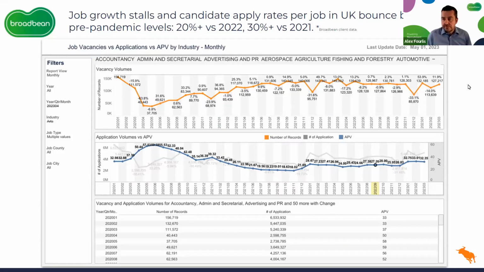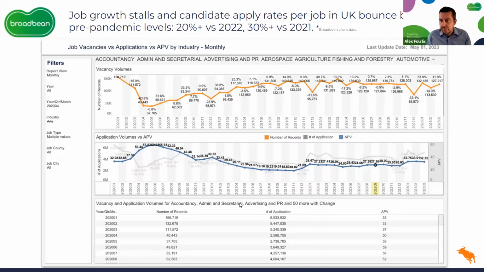And we've seen that, immediately after the pandemic, we had a huge increase of people looking for jobs. Then we had the crash of the Great Reset, as we called it, with companies finding it really difficult to find candidates. And now we are, I think, entering a new phase.